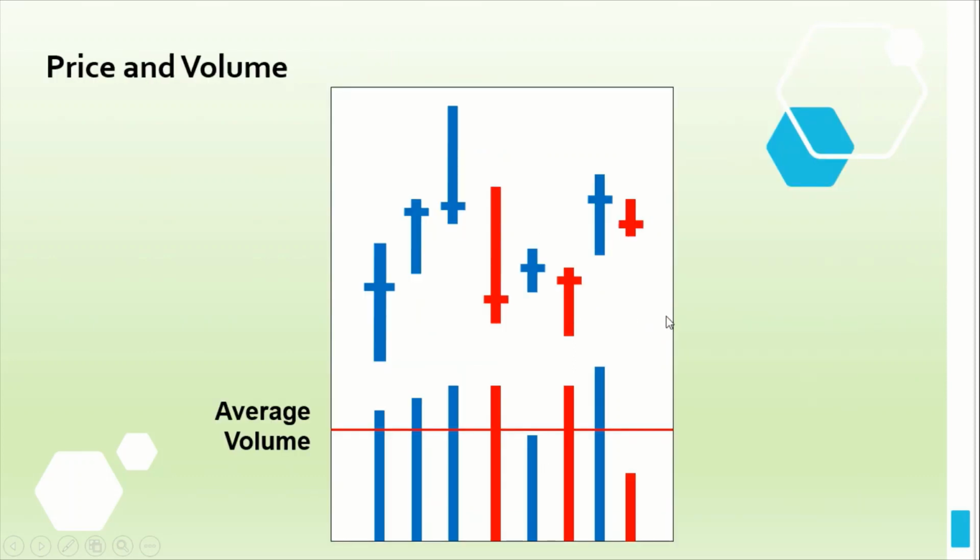Okay. Now, for the price and volume, I think I've already mentioned this on the first video that trends are being confirmed by the volume. Ibig sabihin, if the volume is above average, it only means that the trends or the reversal are confirmed.